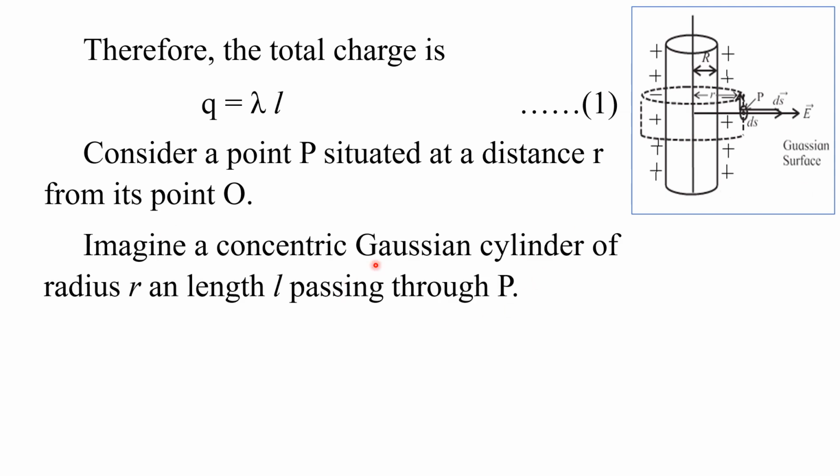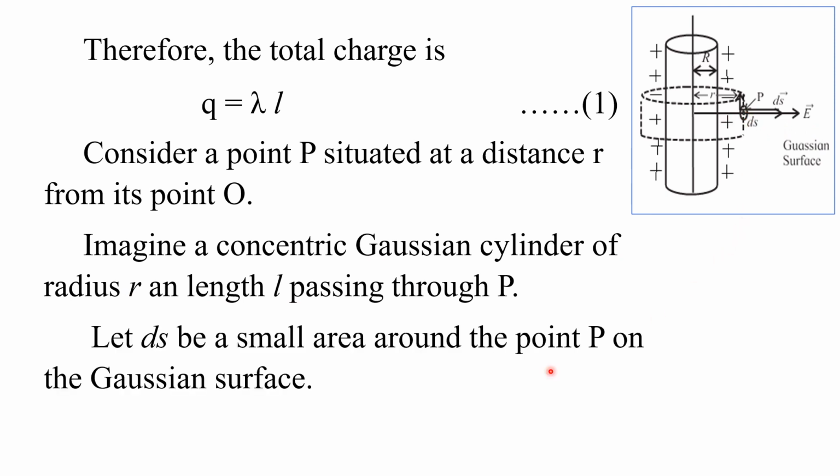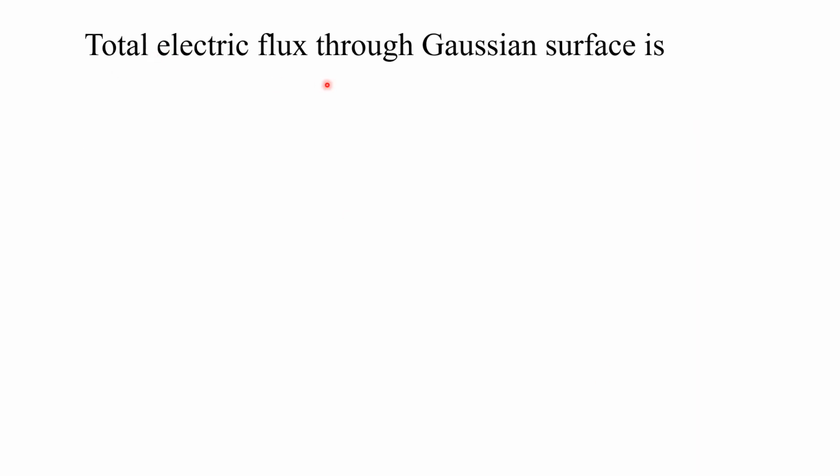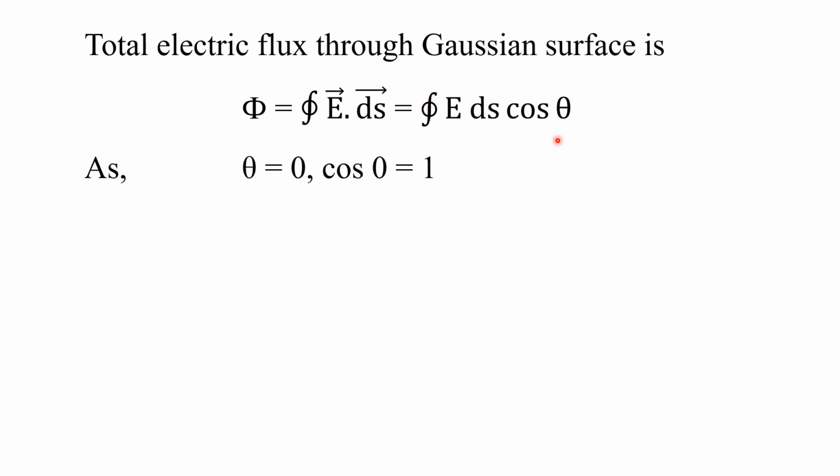Imagine a concentric Gaussian cylinder, instead of a sphere, of radius small r and length small l passing through point P. Let ds be the small area around point P on the Gaussian surface. The explanation is similar to the earlier one. The total electric flux through the Gaussian surface is phi is equal to integration of E dot ds, which is equal to integration of E ds cos theta.